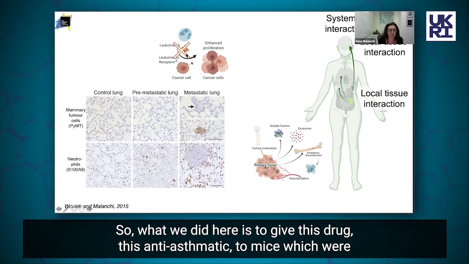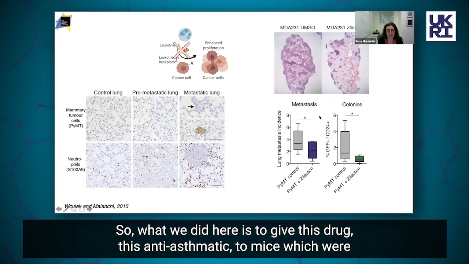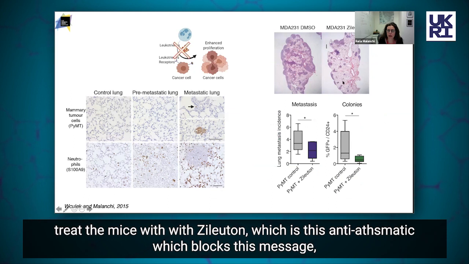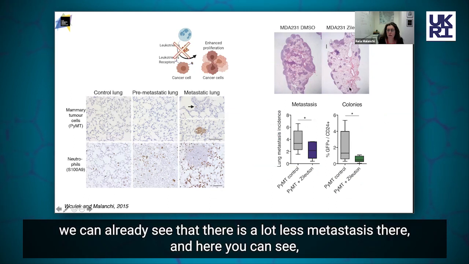So what we did here is to give this drug, this anti-asthmatic, to mice which were having metastatic breast cancer. And here you see a lobe of a lung which is filled with metastasis in a control animal. And when we treat the mice with zileuton, which is this anti-asthmatic that blocks this message, we can already see that there is a lot less metastasis there.